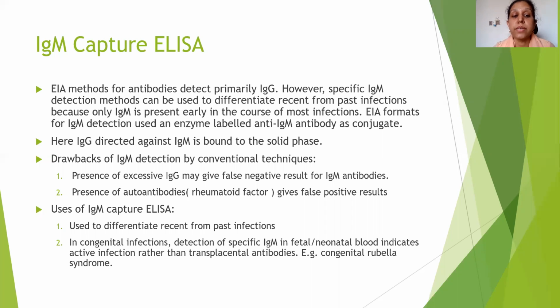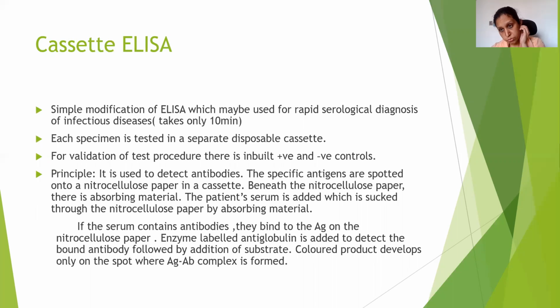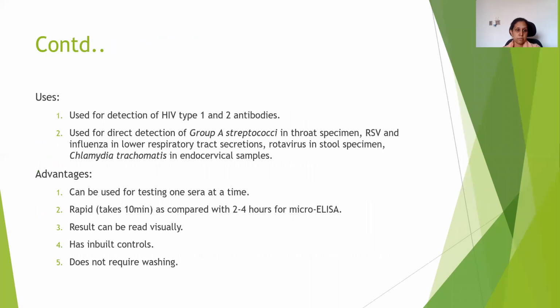Drawbacks of IgM detection by conventional technique: the presence of excessive immunoglobulin may give a false test, and the presence of autoantibody gives a false test. It is used for congenital infections, detection of IgM in fetal and neonatal blood. Okay, it indicates active infection. So for congenital infections it can be used immediately, but we also use it in the dengue test and others. Now coming to the cassette ELISA.